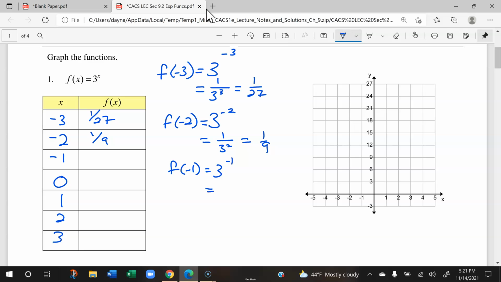That would be 1 over 3 to the 1st, which is just 1/3. Any number raised to the 0 power is going to be 1. Then 3 to the 1st is 3, 3 squared is 9, and 3 to the 3rd is 27.